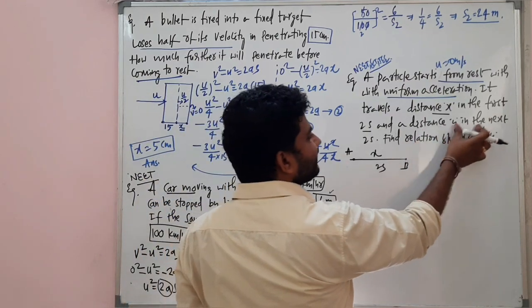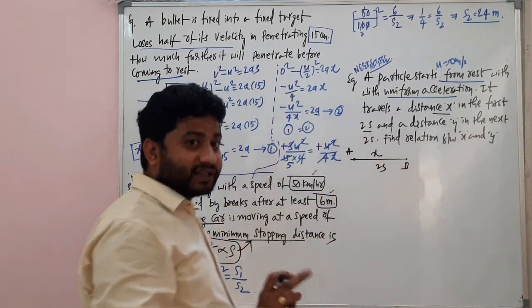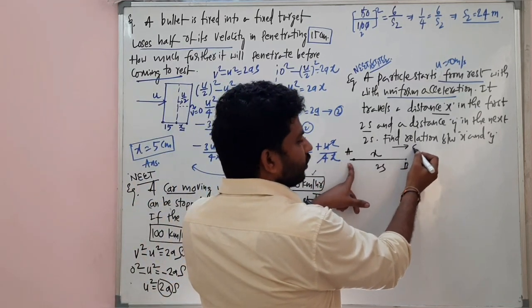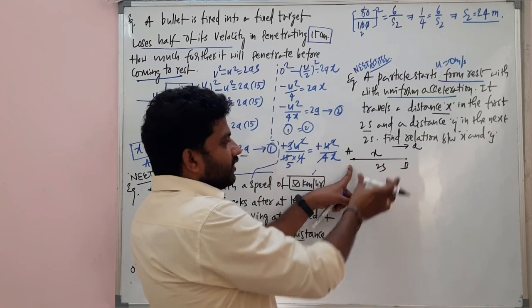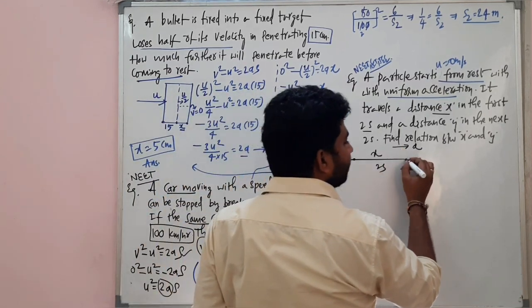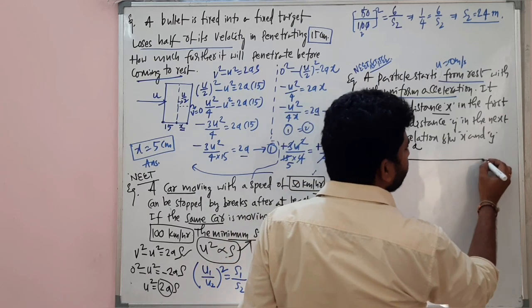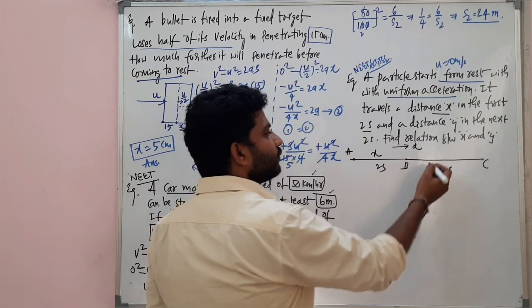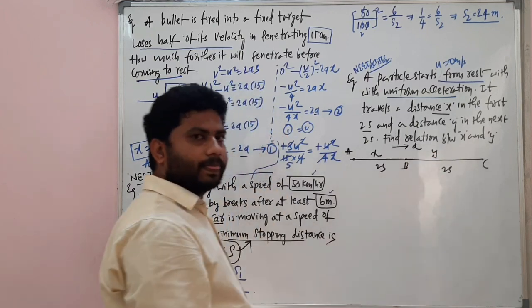And a distance y in the next 2 seconds, that's what I told you. As the body is moving with uniform acceleration, in the first 2 seconds it covered distance x. In the second 2 seconds, definitely the distance covered will be more. Understand? See the distance covered, it's more, it's y.